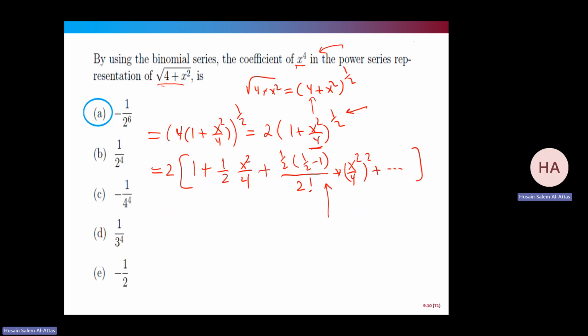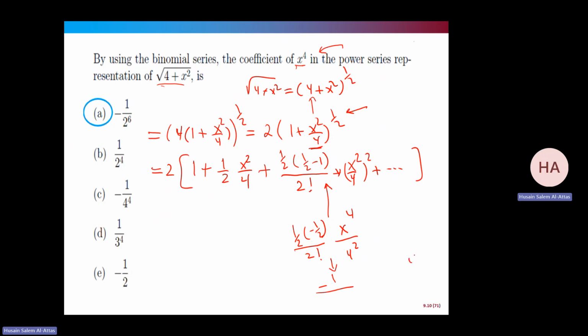Because if you look at this one, it will be half times minus half over 2 factorial, times x to the power 4 over 4 squared. So that will go to minus 1 over 2 times 2 times 2, which is 2 to the power 3.